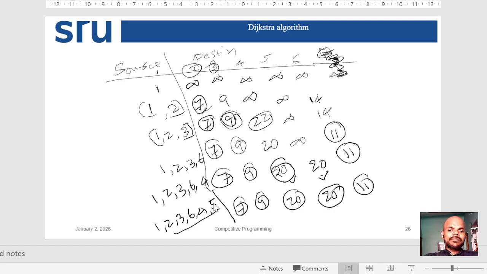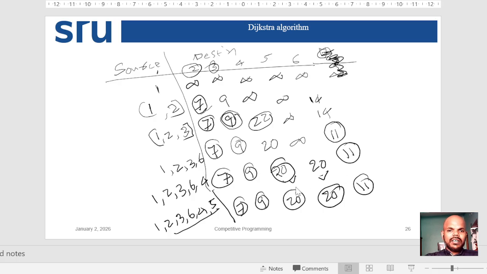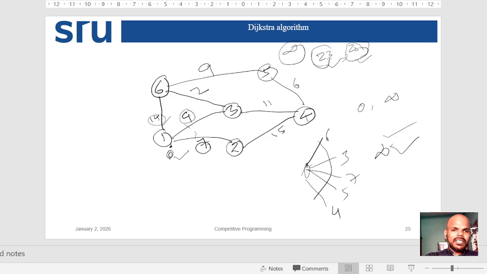So what is the shortest path? You can see here the shortest path. What we got as our answer is 1 to 2, 3. So that means 1 to 2 and 1 to 3.